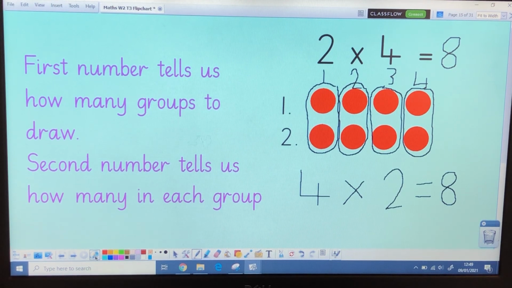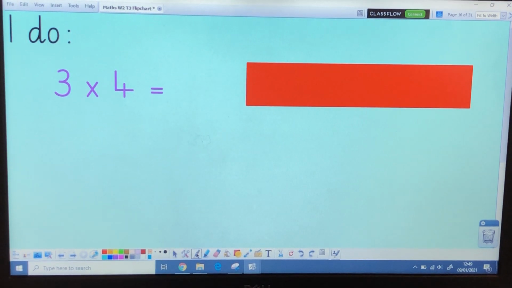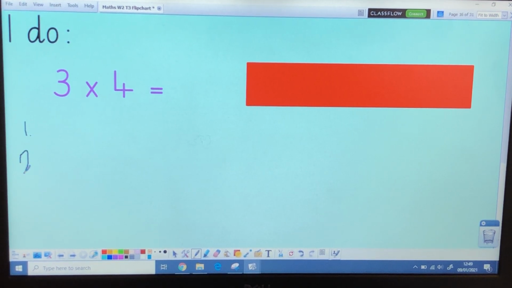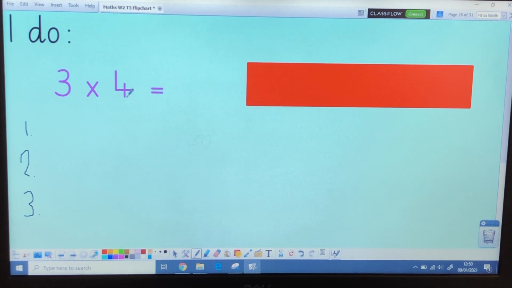And we're going to have another go at one of these now. We have got 3 times 4. So I know I need 3 groups. So let's draw our numbers down the side. So the first number, remember, always tells us how many groups, and that's how many groups we've got down the side. The second number tells me how many I need in each group, and that's 4. So we're going to have a go at drawing 4 in each group.